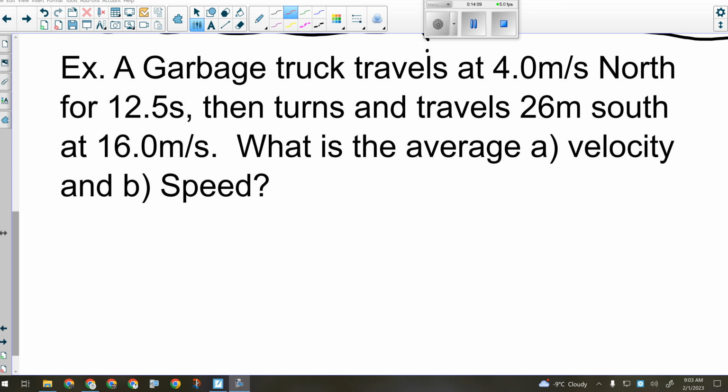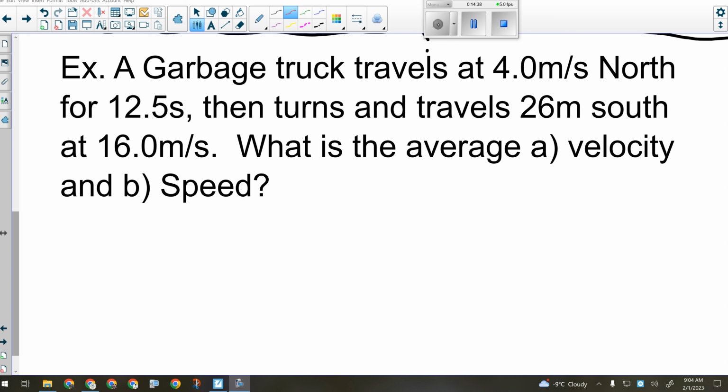In this case, we need to do a weighted average because these 2 parts of the trip do not represent equal parts of the trip. One of them is considerably longer than the other. We have one that goes for 12.5 seconds, and the other one goes 26 meters at 16 meters per second. It's going to take less than a couple of seconds for that part to happen, so it is a much smaller part of the whole trip.